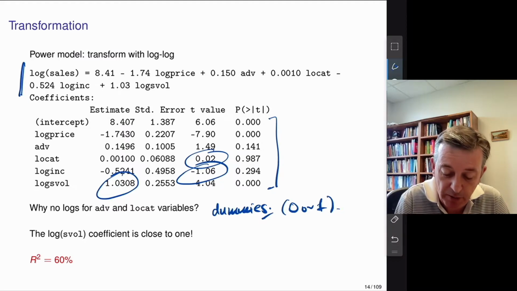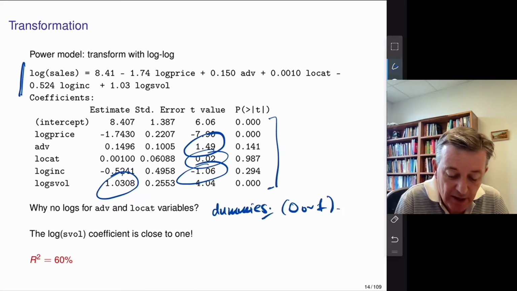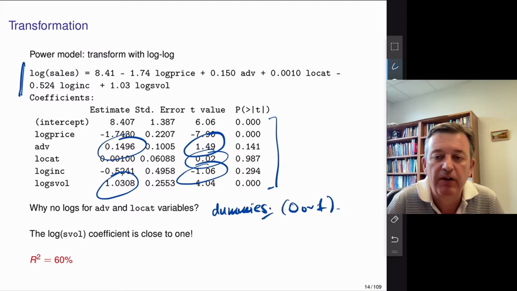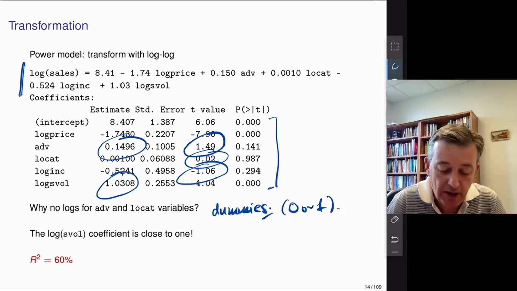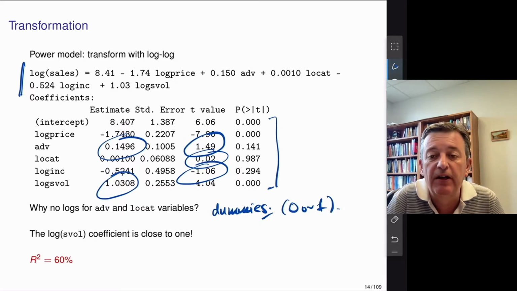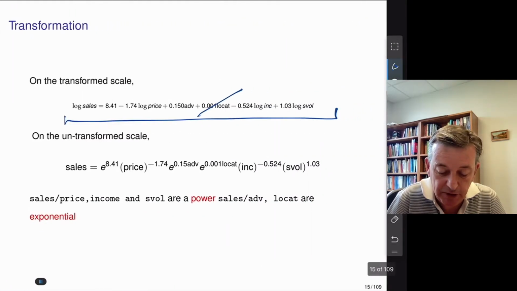Remember to use a little bit of common sense, and remember my magic level of 1.5: the advertising variable is essentially bang smack on that. The economic significance, we'll see in a minute, on a log scale is 0.149. So on a non-log scale, it would be e to the 0.149, which is about a 15% increase in sales. So quite economically significant.